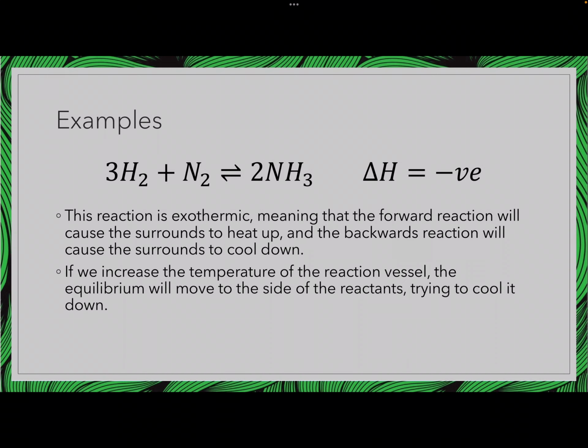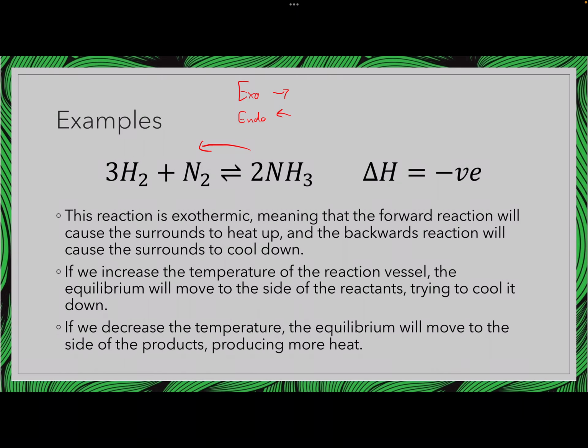So we add some heat in, it wants to remove that heat, so it'll go the endothermic pathway. It's exothermic in the forward reaction, so it's endothermic in the reverse. And so if we add heat, it's going to go towards the reactants.